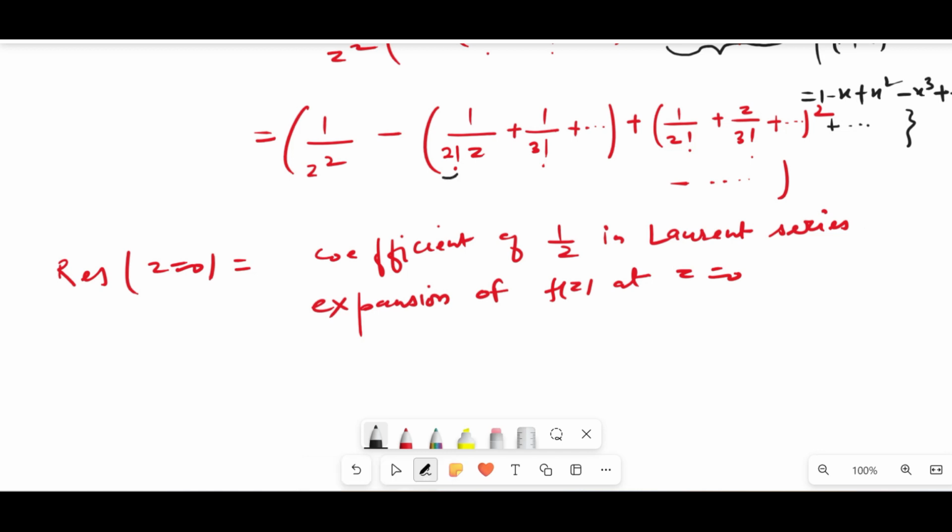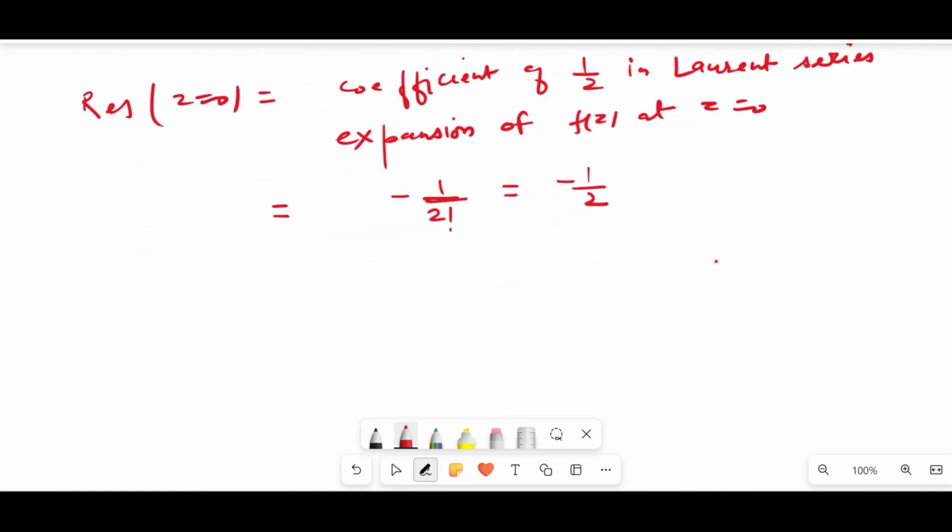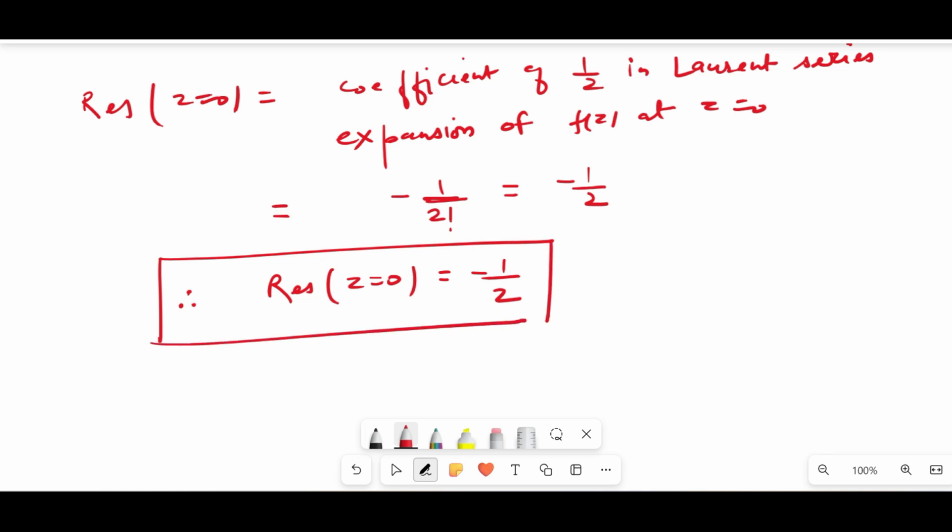So this is our required value. From here, that is negative 1 by 2 factorial, that is negative 1 by 2. Therefore, the value of residue at z is equal to 0 is equal to negative 1 by 2. So this is our required answer.